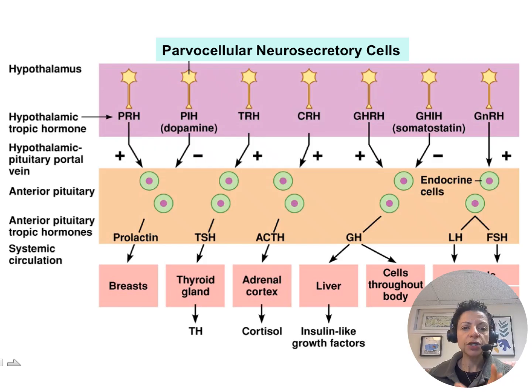Okay, so just a reminder again of the axis that we're talking about here. We're talking about these hypothalamic cells releasing TRH, acting on the anterior pituitary, on those thyrotrope cells, stimulating them to release TSH, and then TSH getting into the bloodstream, acting on the thyroid gland, which is right there in the neck.